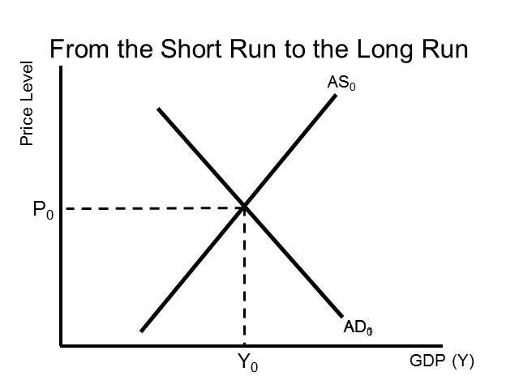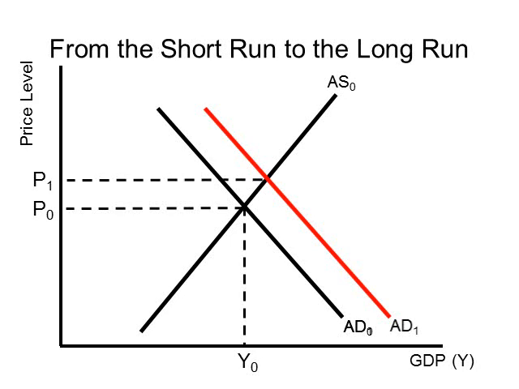Remember that an increase in government spending causes the aggregate demand curve to shift to the right. The shift to the right of the aggregate demand curve causes all prices, including the prices of inputs like wages, oil, and food, to increase as a result of higher incomes. So there will be an increase of the price level from P0 to P1 and an increase of GDP from Y0 to Y1.